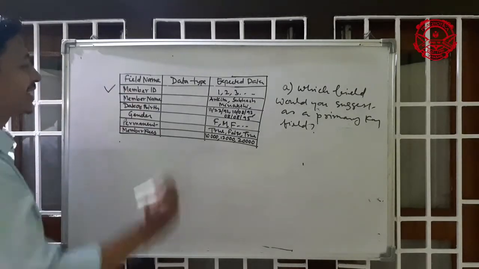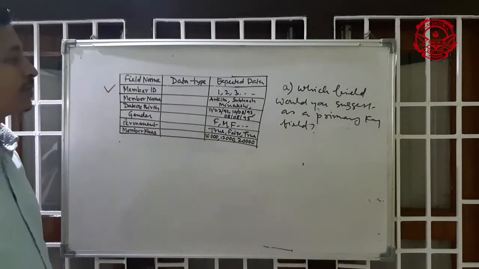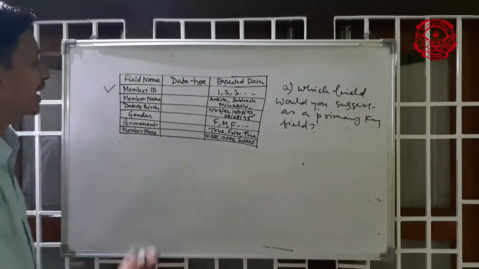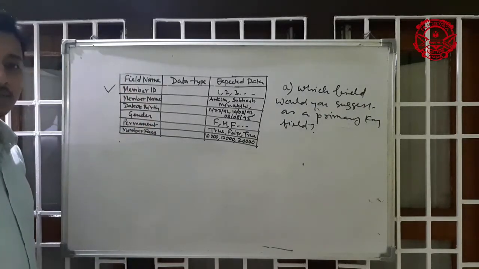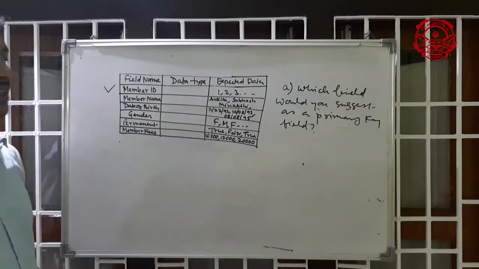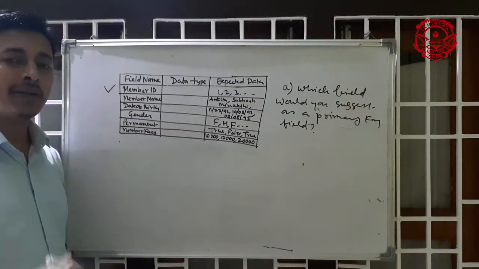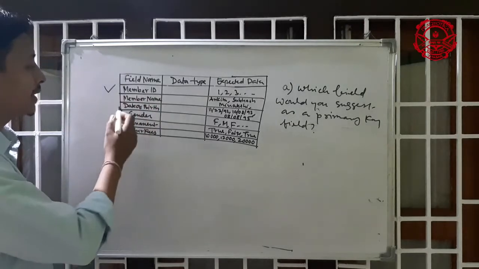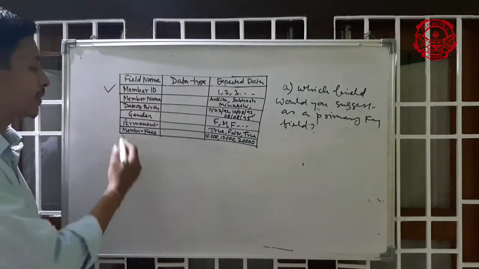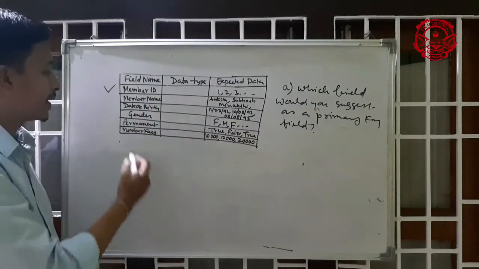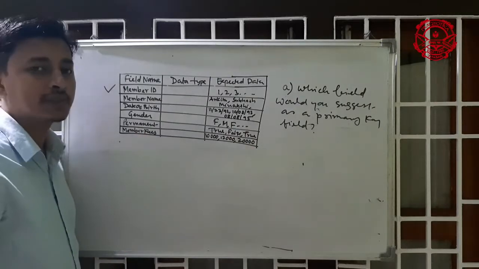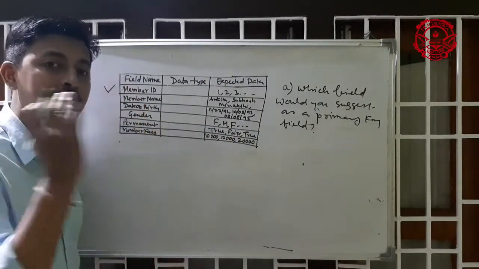The member ID. Member ID should be a primary key because it is unique. Member ID means all the members in the table are unique. Member name may be same, date of birth may be same, gender may be same, permanent may be same, or member fees may sometimes be same. But member ID is always different.